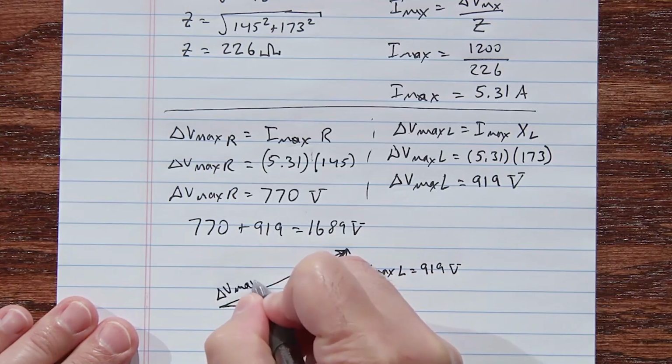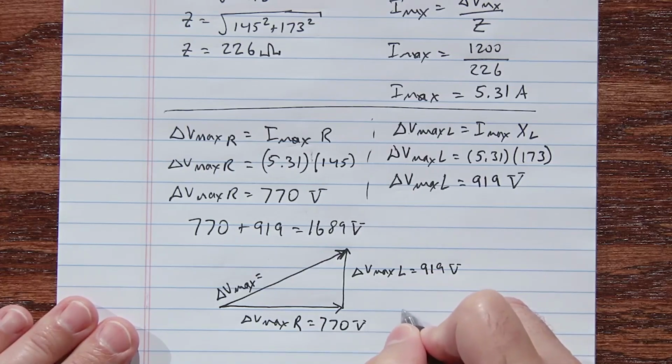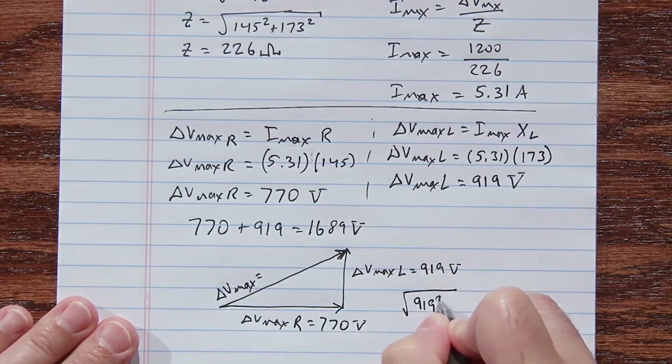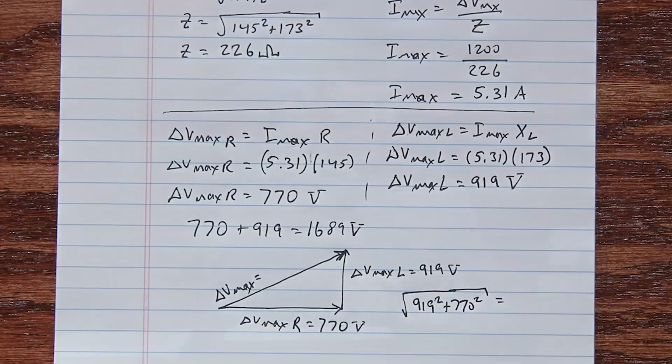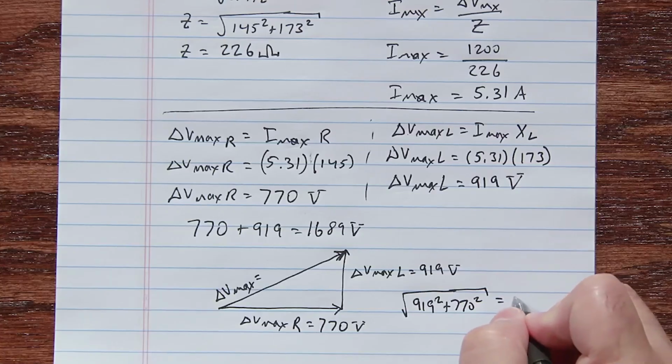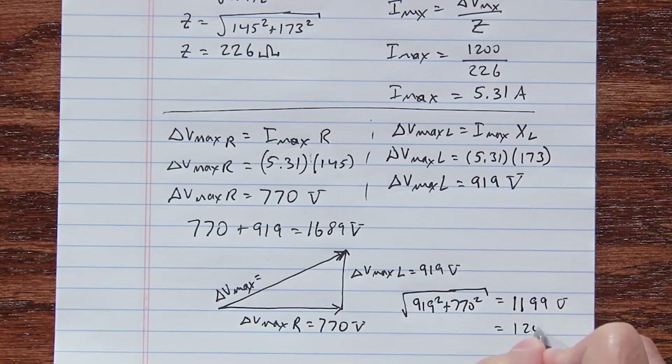Delta V max is equal to the square root of 919 squared plus 770 squared, which gives us 1,199 volts, which will round off to 1,200 volts to have three significant figures.